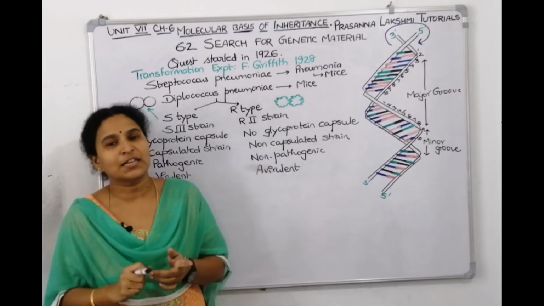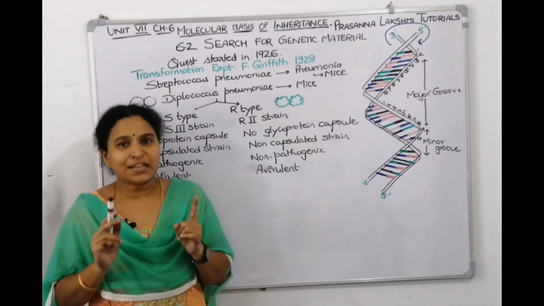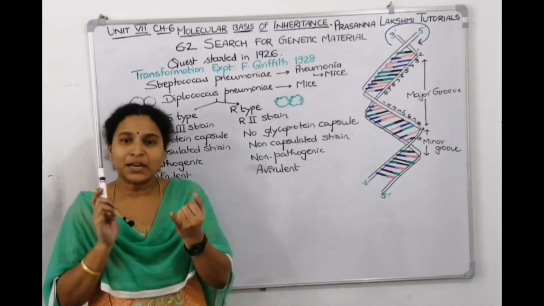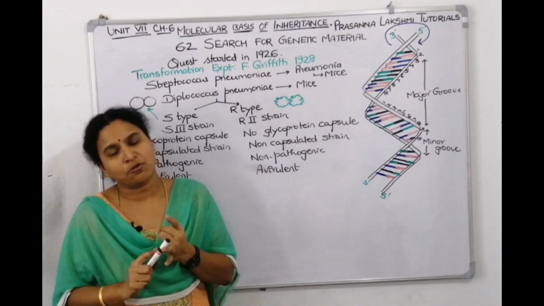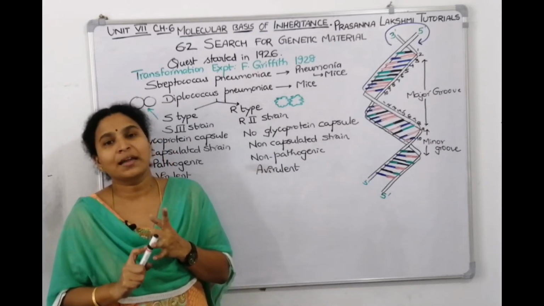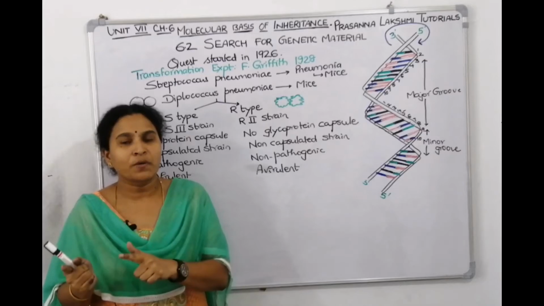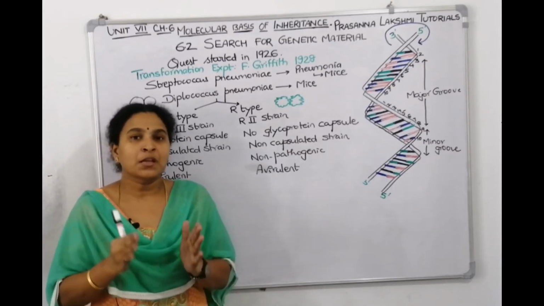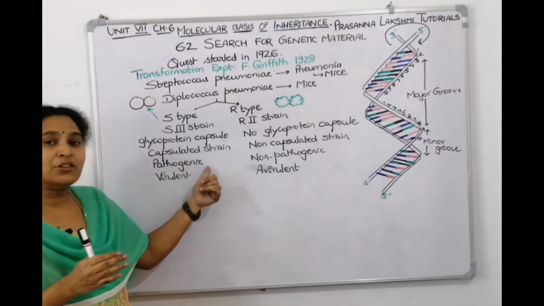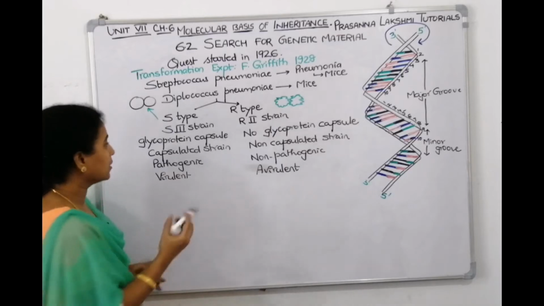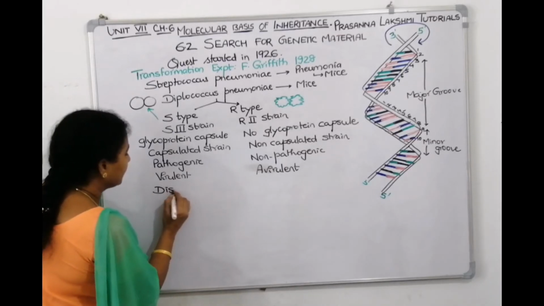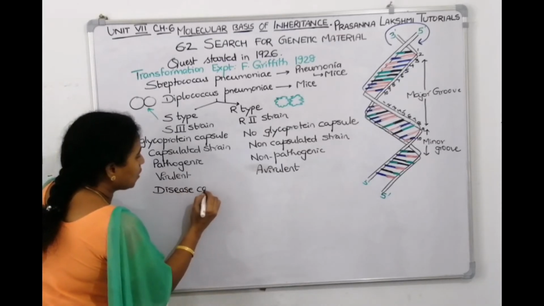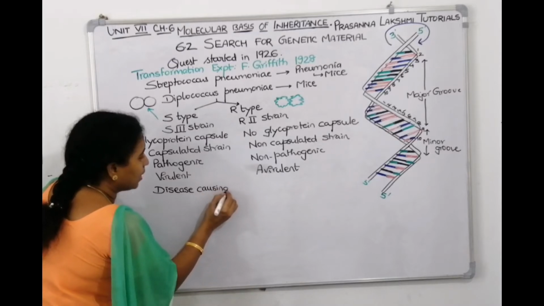Now he has done a series of experiments, and we will see what they are. He has taken a bacteria, you can call it Diplococcus pneumoniae or Streptococcus pneumoniae, which causes pneumonia in mice. Two varieties are there, smooth and rough. Smooth is capsulated, pathogenic, virulent, disease causing; it causes pneumonia.